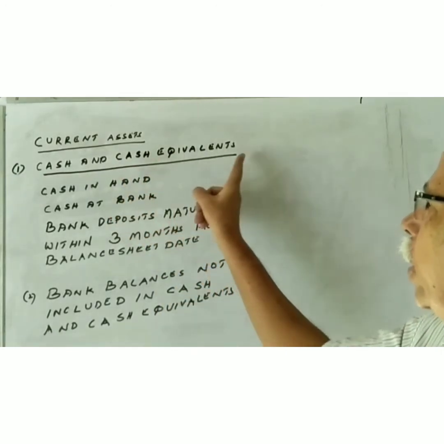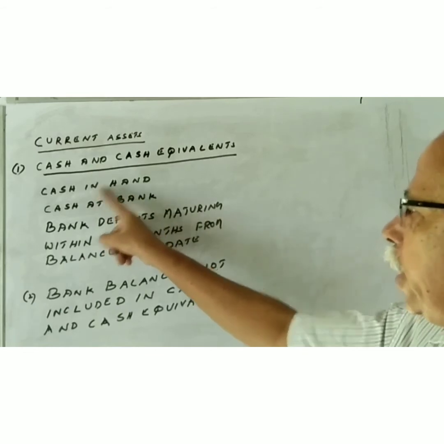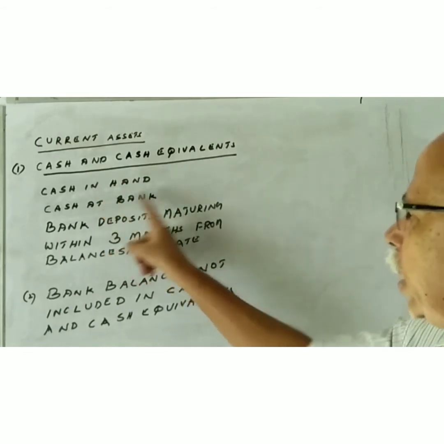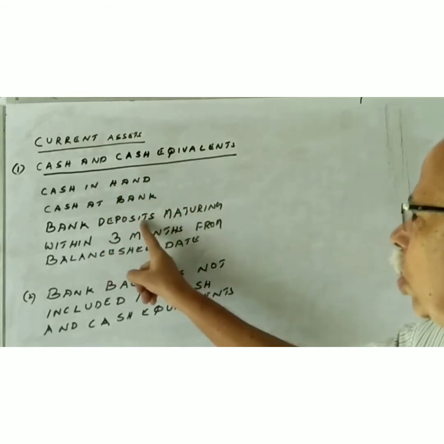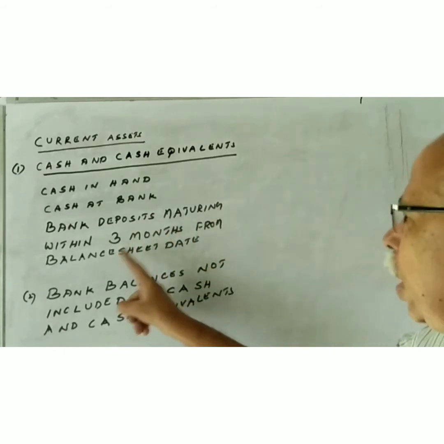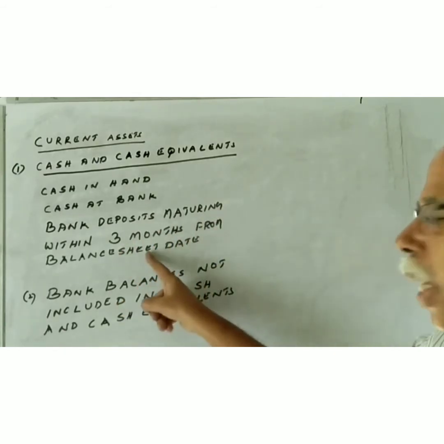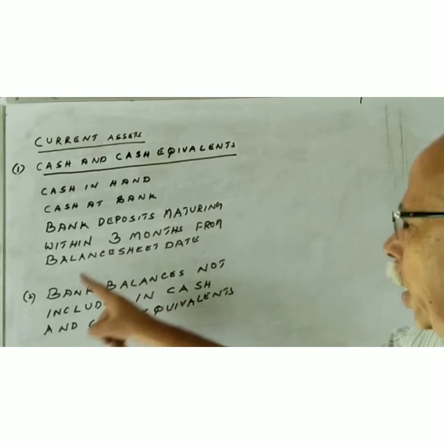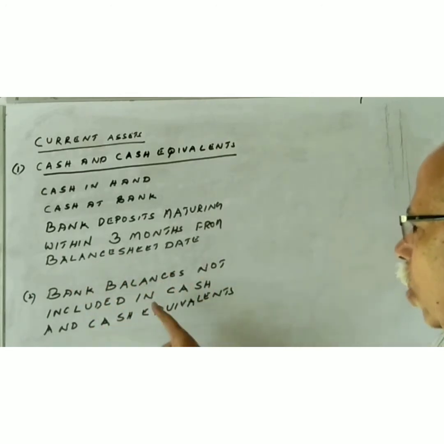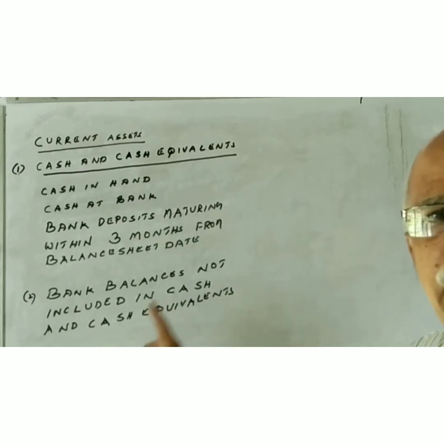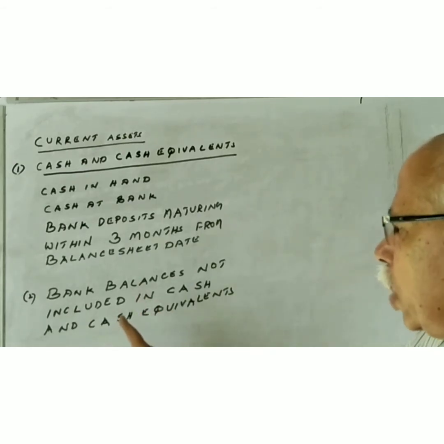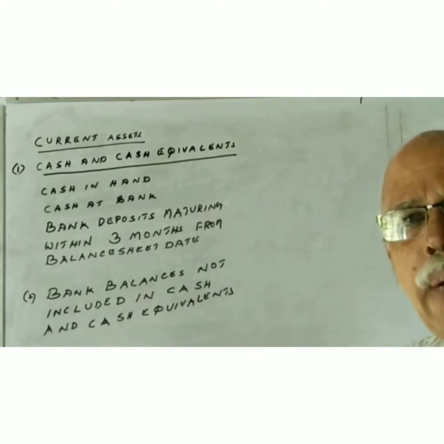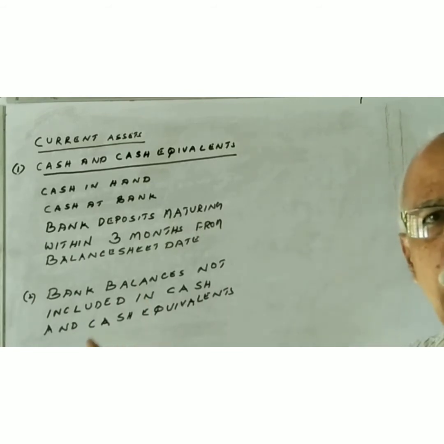Under cash and cash equivalents will come cash in hand, cash at bank, bank deposits maturing within a period of 3 months from balance sheet date, and bank balances not included in cash and cash equivalents will consist of bank deposits maturing after 3 months but before 12 months from the date of closure of books of accounts.